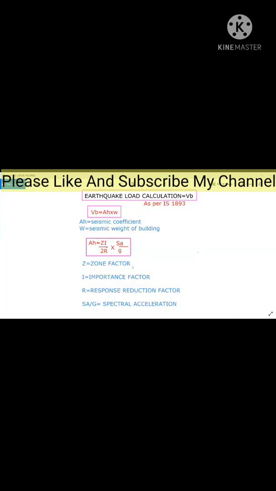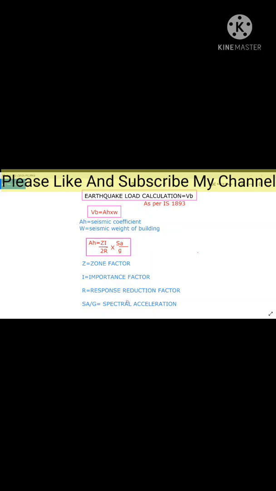Once we calculate the zone factor from the IS code, the importance factor, the response reduction factor, and the spectral acceleration, we will keep all these values in this particular formula, and we'll get Ah, that is the seismic coefficient, because 2 is constant. Okay, so Ah is also given in the IS code.